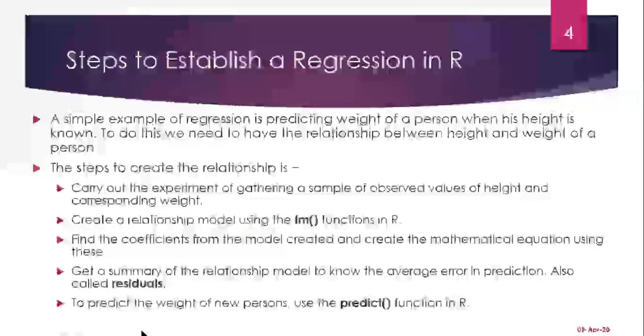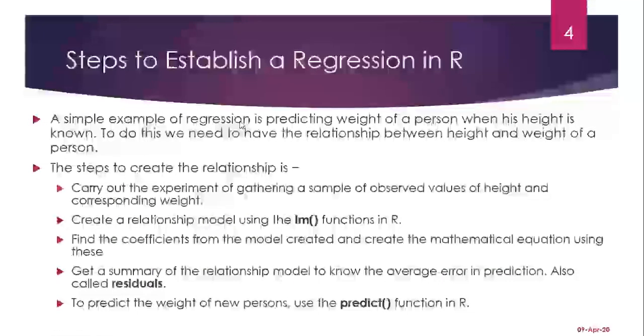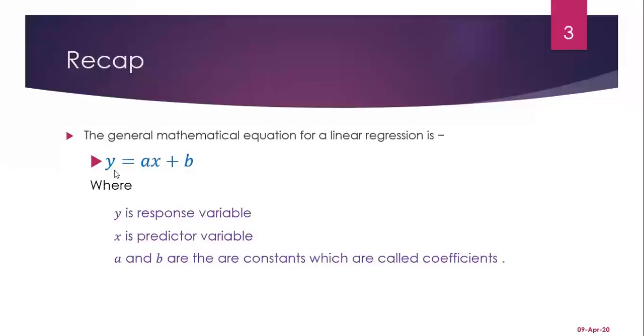So for the regression model in R, we carry out an experiment and gather the x variable, for example, values of height and corresponding weight. To create the relationship, we gather the experimental values. So you will have both the predictor variable, that is x, and the response variable, that is y.